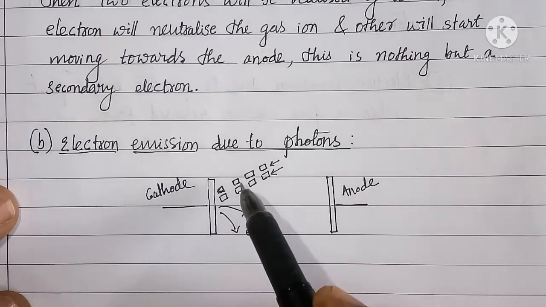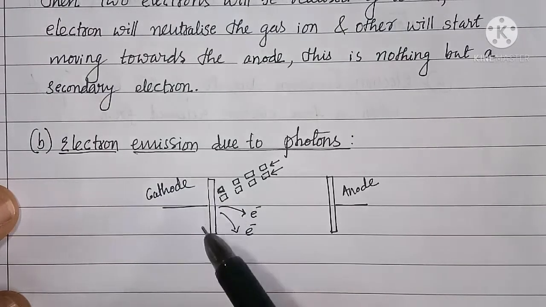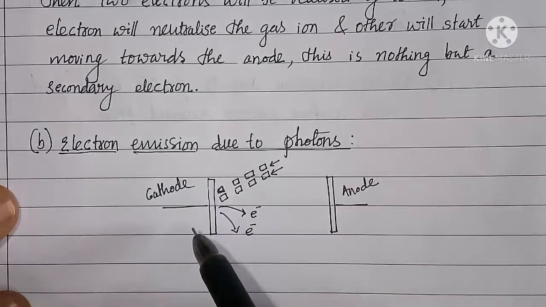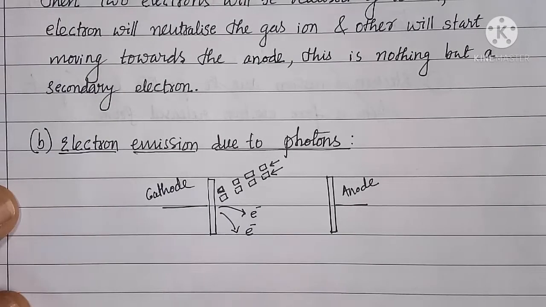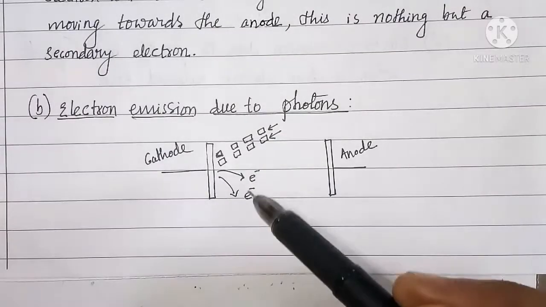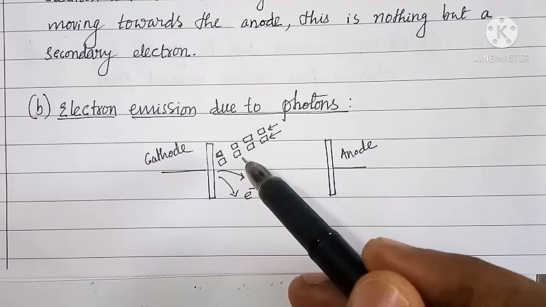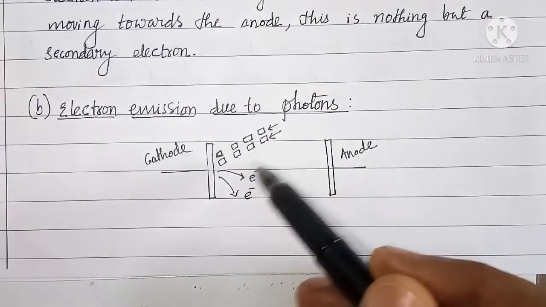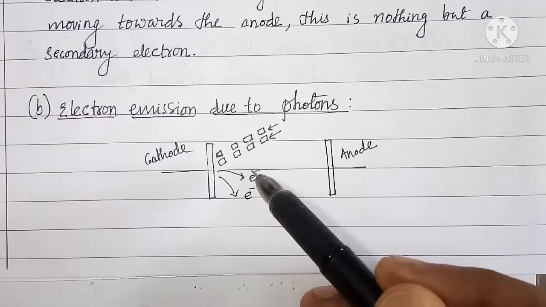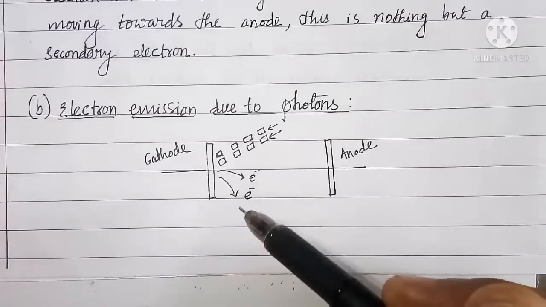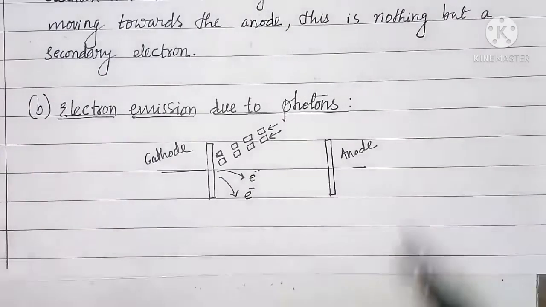If a particle having energy higher than that threshold energy is made to be incident on the cathode or that metal surface, then an electron will be given out. And from where do we get these photons? Such photons are found in light rays, or you can say they are there in radiations. For example, you can consider ultraviolet light.